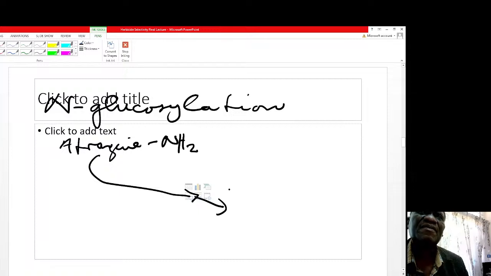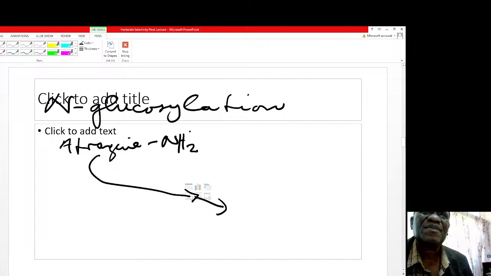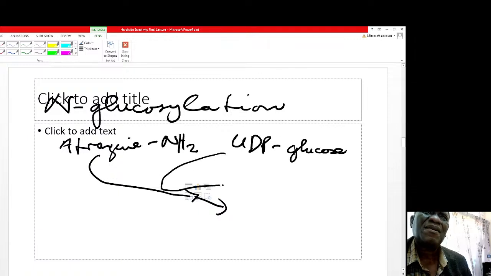Okay, let me write here. We have got sugar being donated by UDP glucose, UDP glucose, and UDP is released.